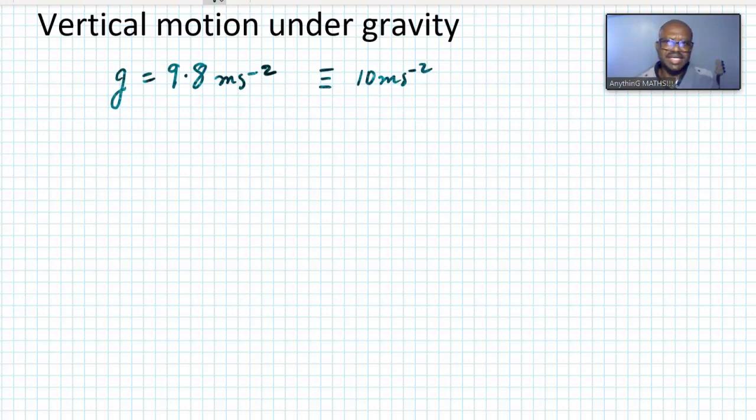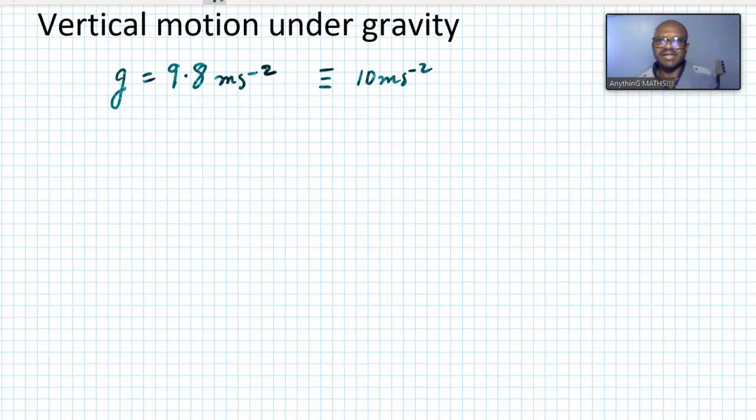So we established that g is going to be constant, and if it's constant, then it can work well with the 5 equations that we derive under the topic motion under constant acceleration.